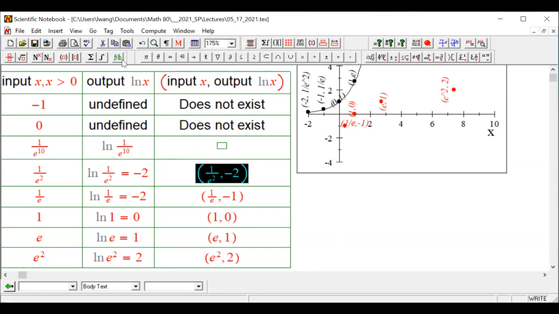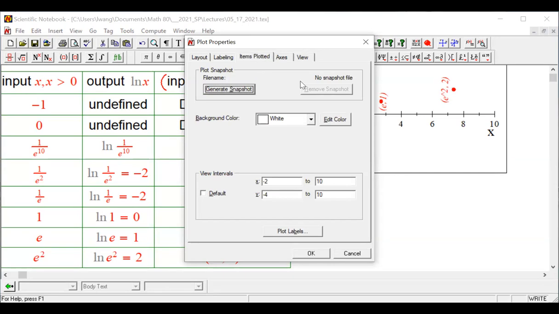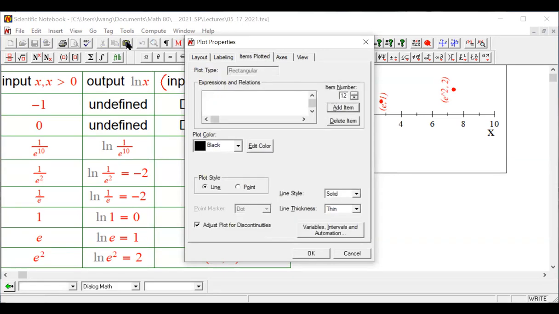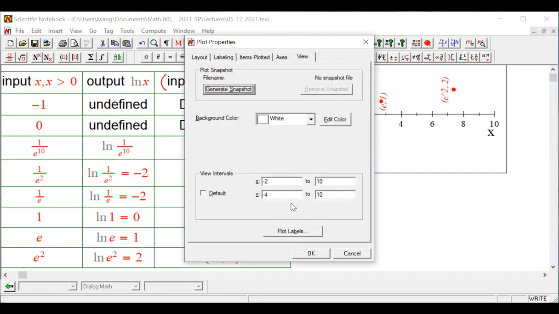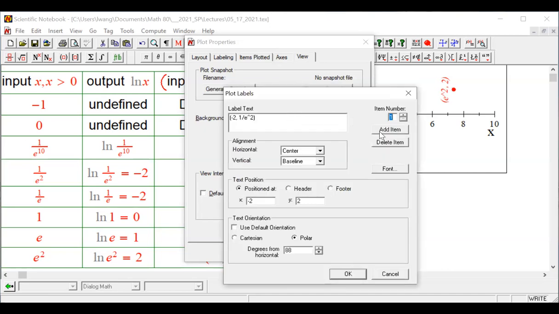One more. So we already got the picture, right? Got those dots, red dots, right? And now we're going to mark those points. So this is 1 over E squared, comma, negative 2.